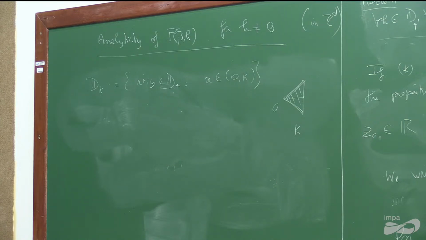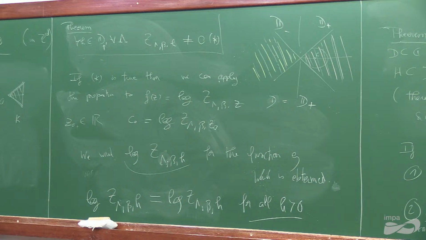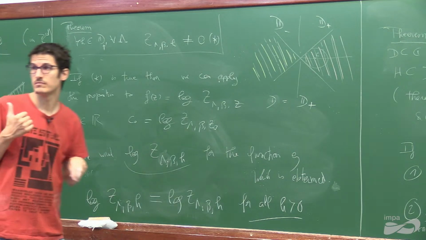And the problem is that we don't really know how to do this. But there is something we can prove, which is the boundedness of the exponential of this.